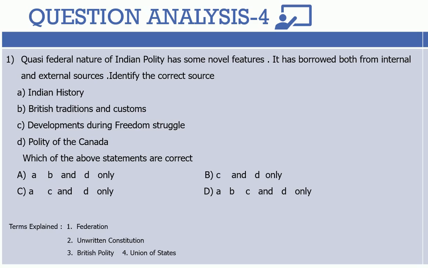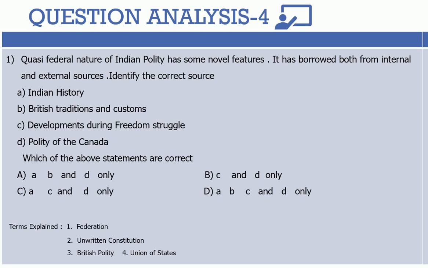So definitely that was one of the considerations, to make the central government stronger. So medieval and ancient Indian lessons made the framers of the constitution opt for some kind of quasi-federal state. So that is the first part.